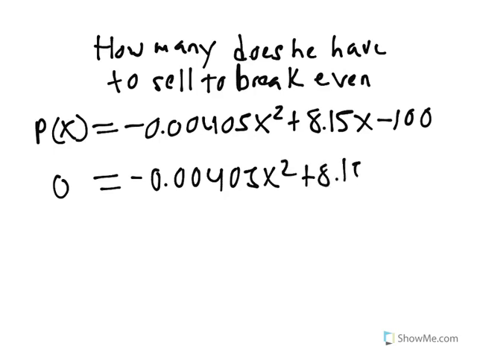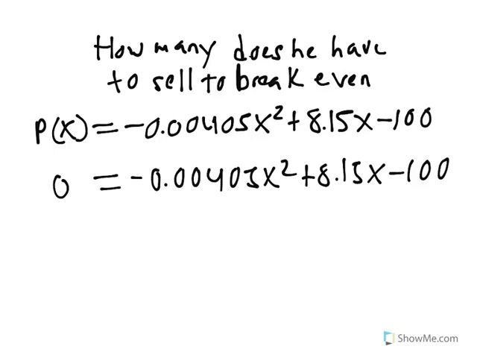Now we can solve this as a quadratic equation using the quadratic formula. You can probably complete the square as well, but the quadratic formula is going to be your go-to method because it's the easiest way to solve a quadratic equation where the numbers aren't whole numbers.